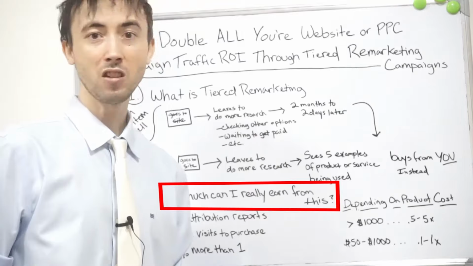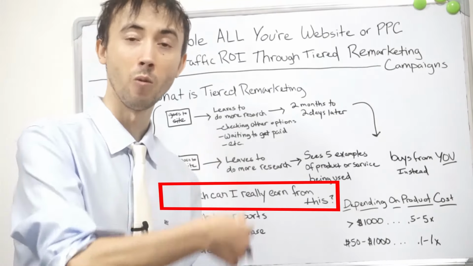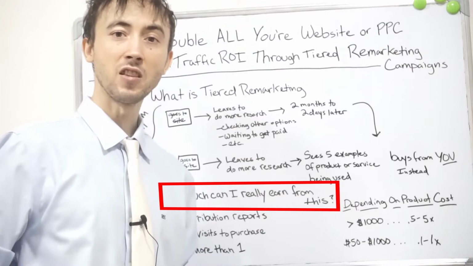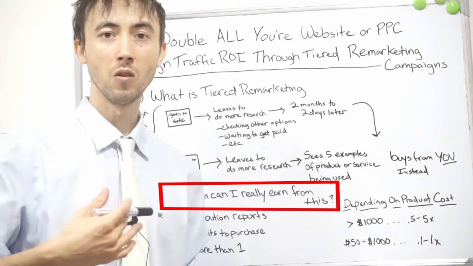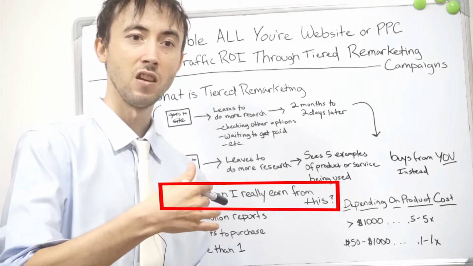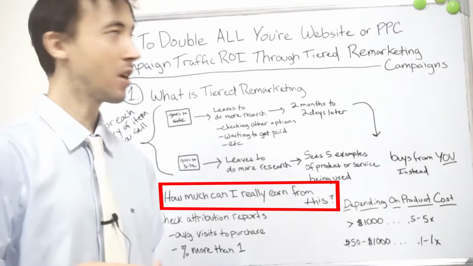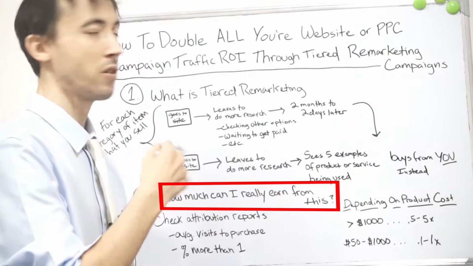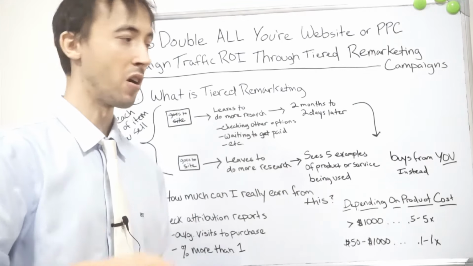And it's just going to be so much easier on myself than having to actually go through and do all the work to scale up a $30,000-a-month ad campaign, that it makes zero sense not to do this first, and do it, pretty much, to the degree that it has most of the full effect that it should have. So anyway, that's everything about how to double your PPC traffic ROI using tiered remarketing.